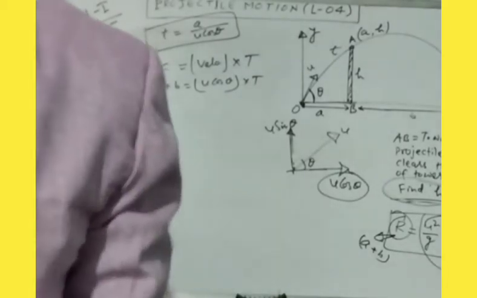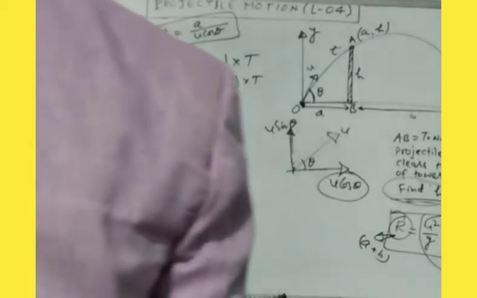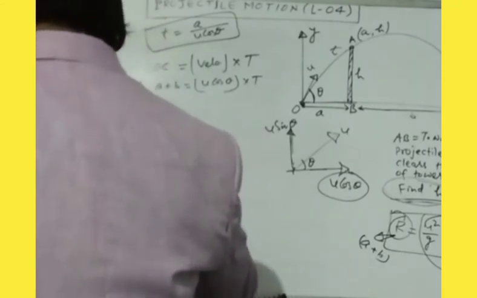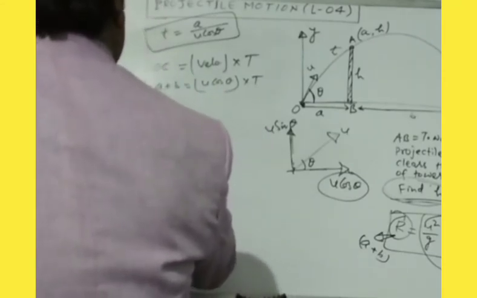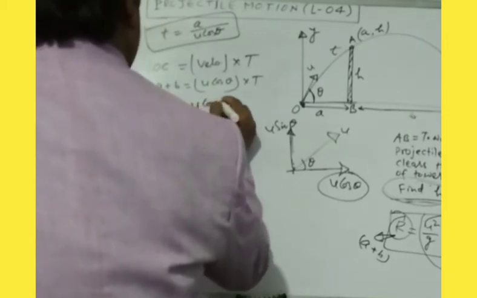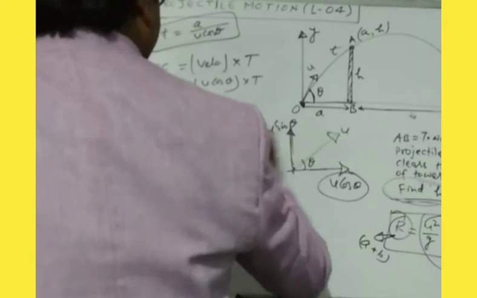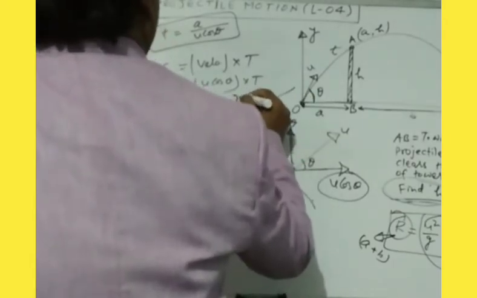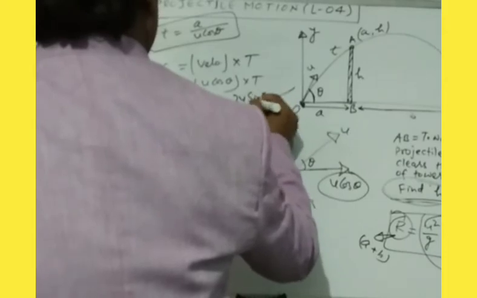Okay dear. So what can you write here? You can write a plus b equals u cos theta times T, and for this T you can write 2u sin theta upon g. The formula for time of flight is 2u sin theta upon g.